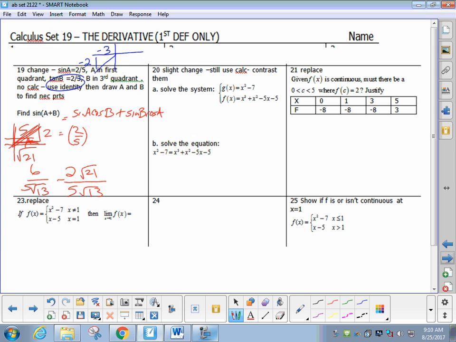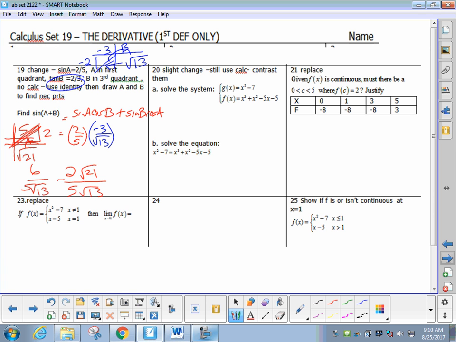So what's the hypotenuse? Root 13. The hypotenuse is always positive because it's the sum of 2 positive squares. All right. Now I'm ready for cosine B. What's cosine B? Here's B. Adjacent over hypotenuse, negative root 3 over square root of 13. That's where this came from.